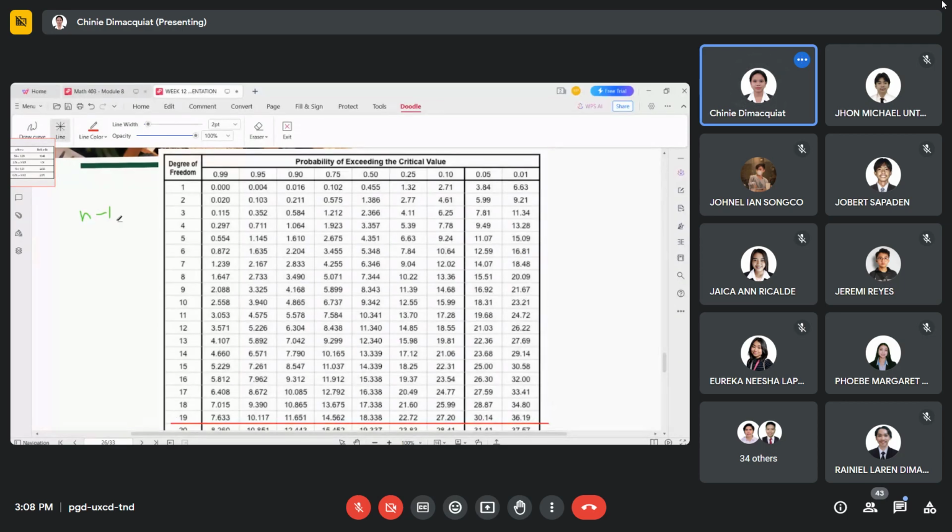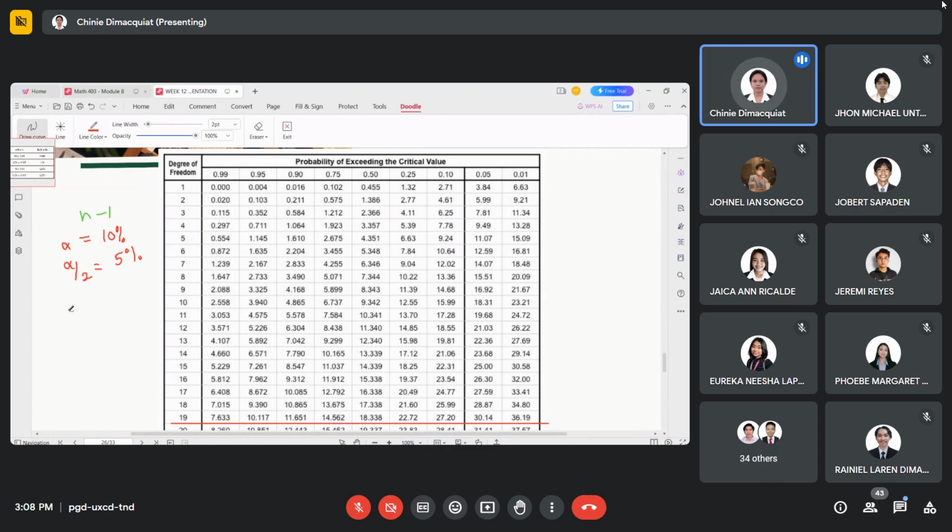Then, ang ating alpha ay 10%. And since two-tailed yung pinag-uusapan natin, so we'll use alpha over 2. So, two-tailed, alpha over 2, 10 divided by 2, we'll have 5%. So, okay na tayo sa isang critical value na alpha over 2.